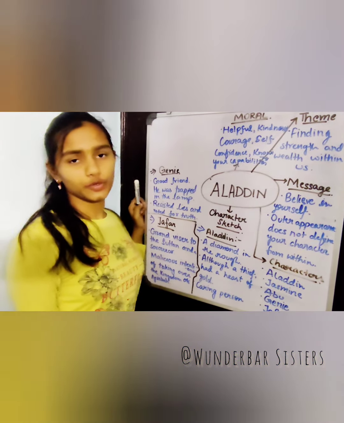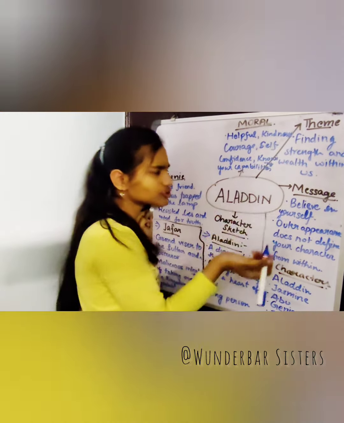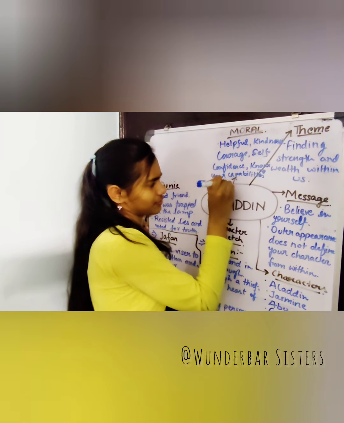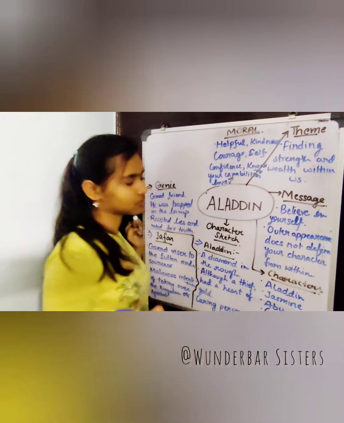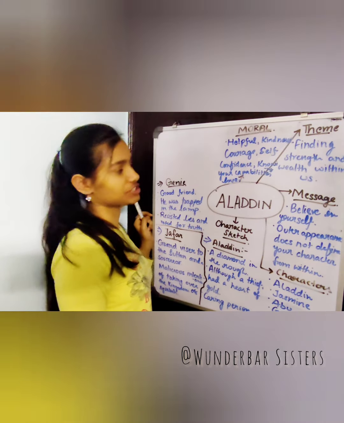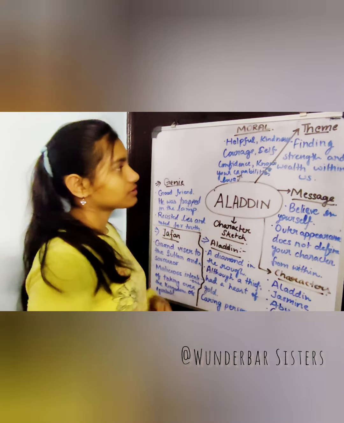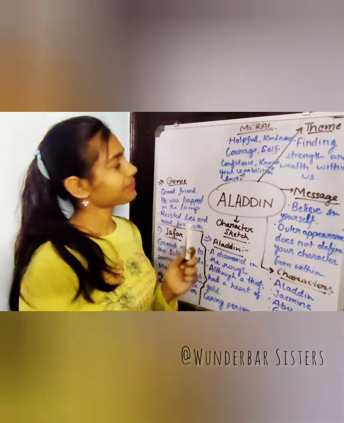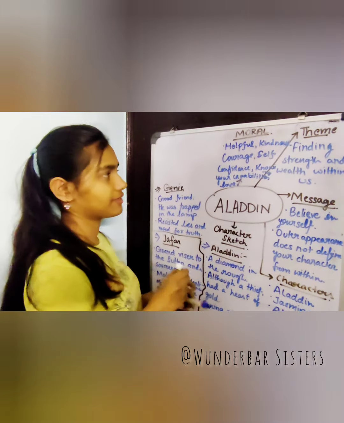The film also portrays love, so that can also be said as the moral of the story. Though it's not necessary to mention that as well. But we can always mention it. There's no harm. So you can always add more morals. So these are the few morals that you may find.